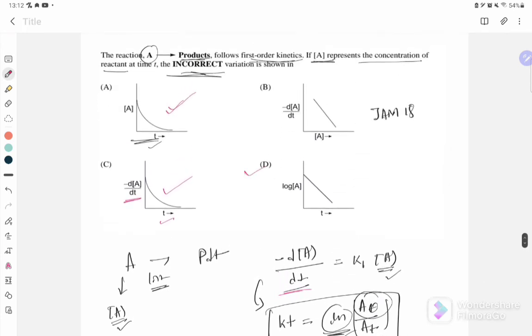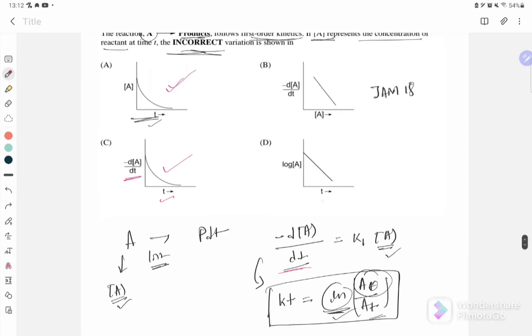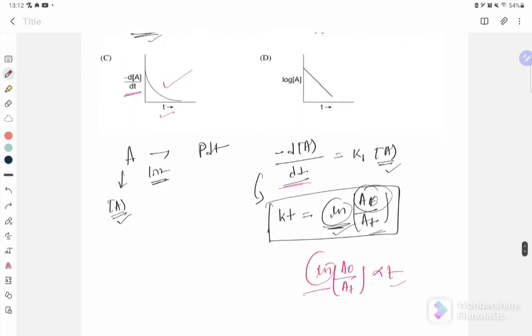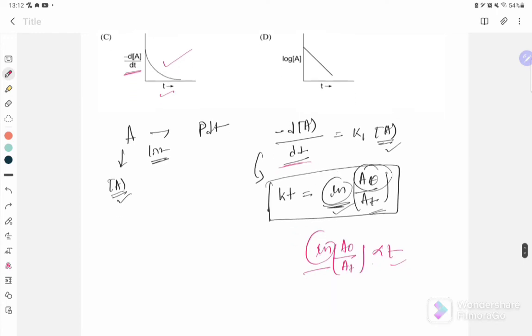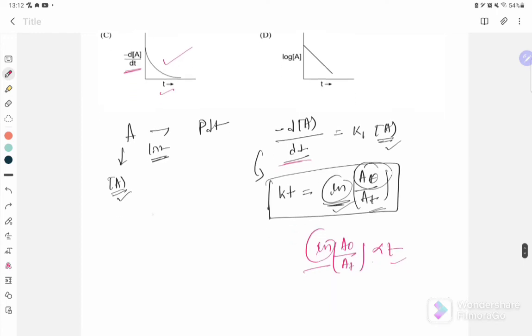So now option D is log A versus t. So what will be our log? We know ln x is equal to 2.303 log of x.